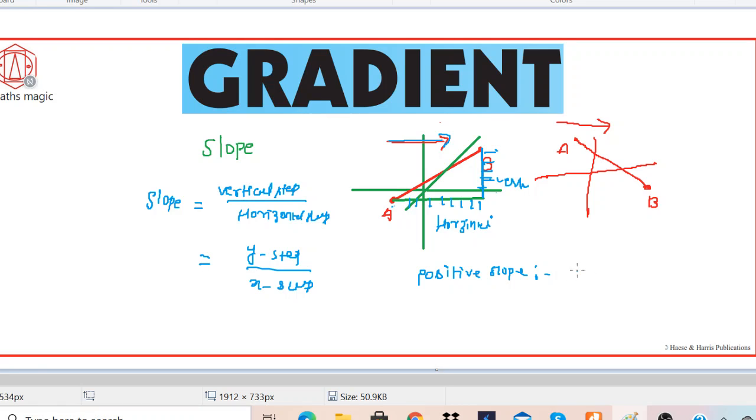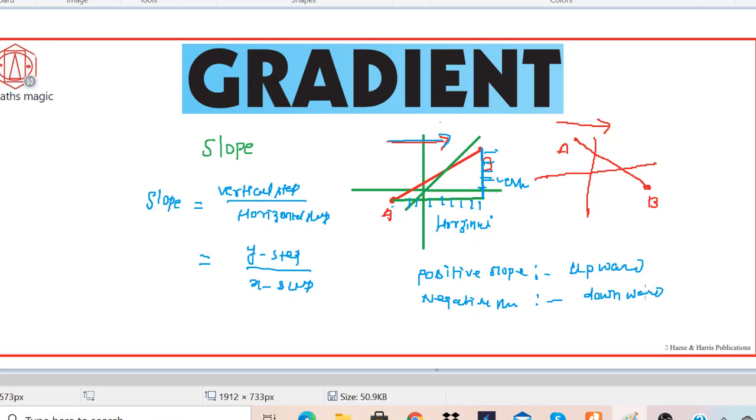If it's moving upward in the Cartesian system, then we call it positive slope. Now what is negative slope? Negative slope is when you are moving on the Cartesian system and your line is moving downward.